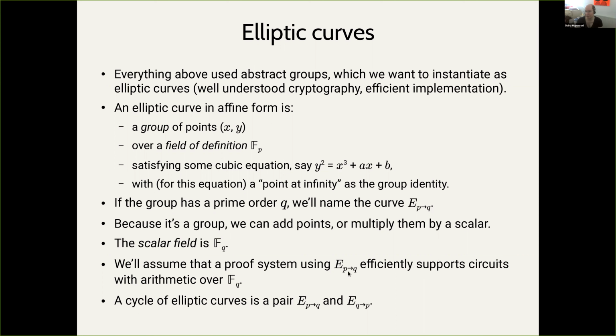And this proof system using this curve is going to efficiently support circuits that can do arithmetic over FQ. So we define a 2-cycle of elliptic curves as this pair, EP arrow Q and EQ arrow P. That's what allows us to do the bouncing between proof systems that we talked about earlier.